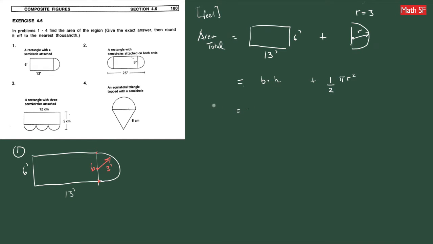Now let's go back to this problem here. The total area: the base is 13 times the height is 6 plus 1/2 pi r squared, which in this case is 3 squared. Doing this algebraically, let's multiply these two numbers here, 13 times 6. 13 times 6 gives us 78.